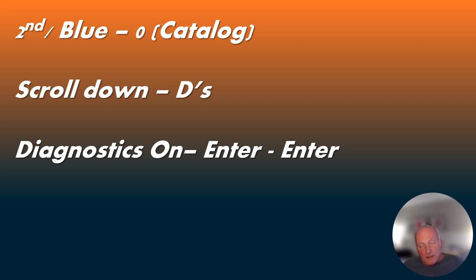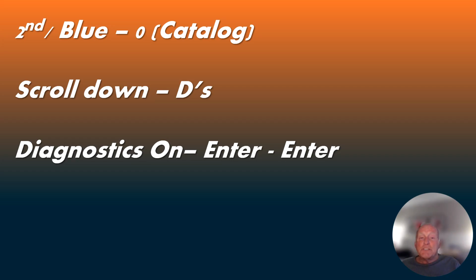All right. So when you have your calculator, you're going to push that second button, the shift button, that blue button, and above the zero is the word catalog. We're going to hit catalog. So push second, your blue button, and zero for catalog. When you get there, what you have are dozens of little pieces and parts and apps that are inside this calculator.